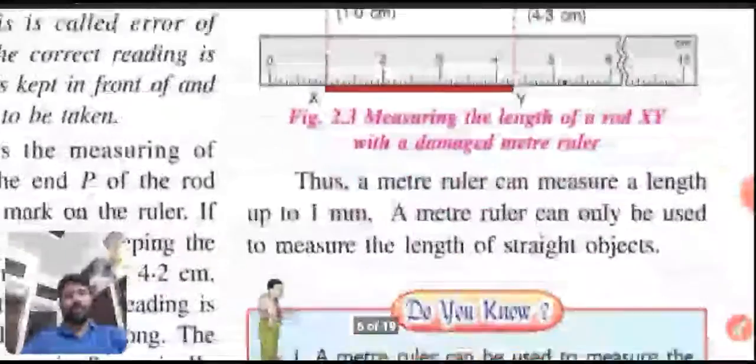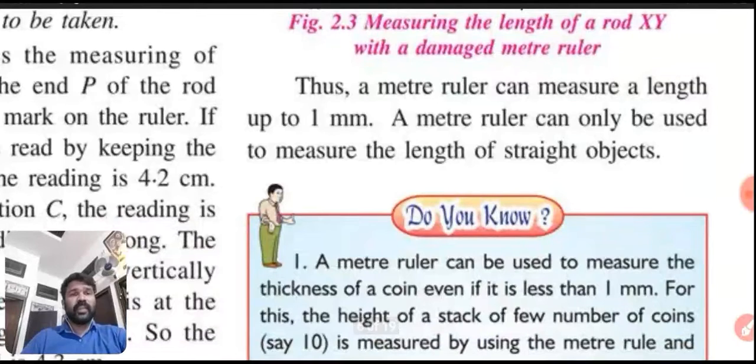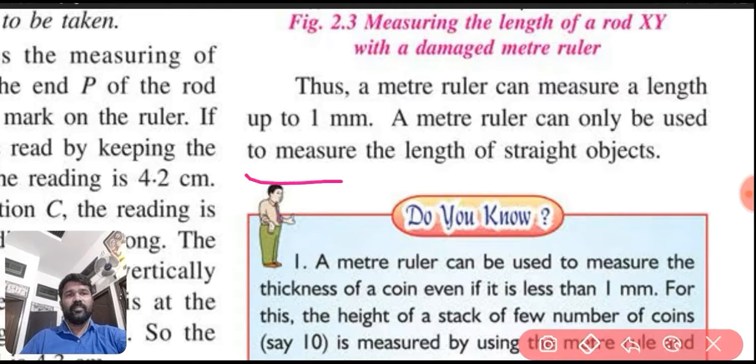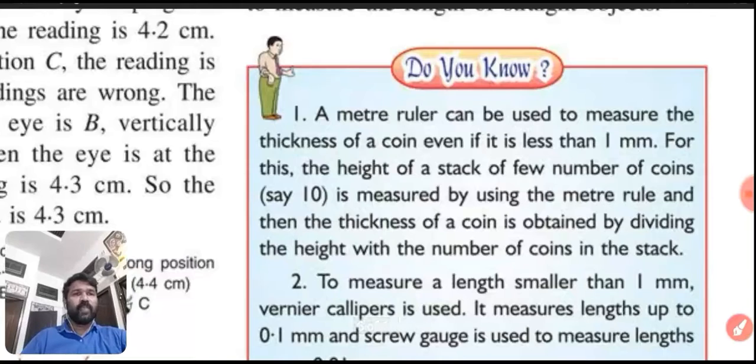Thus, a meter ruler can measure a length up to 1 millimeter. A meter ruler can only be used to measure the length of straight objects. Do you know a meter ruler can be used to measure the thickness of a coin even if it is less than 1 millimeter?